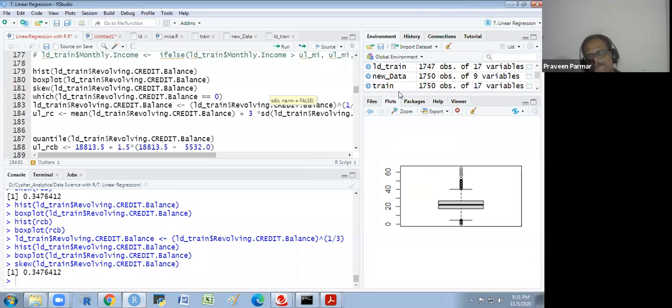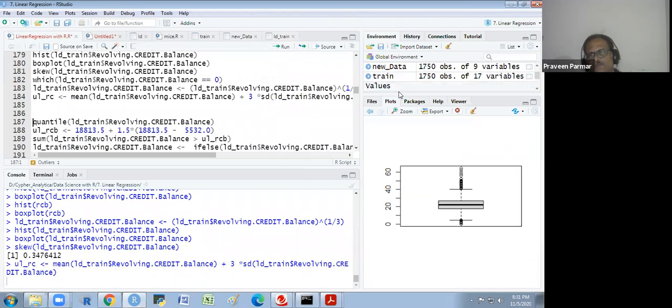Got it? So I will get this value. This is 46.02.